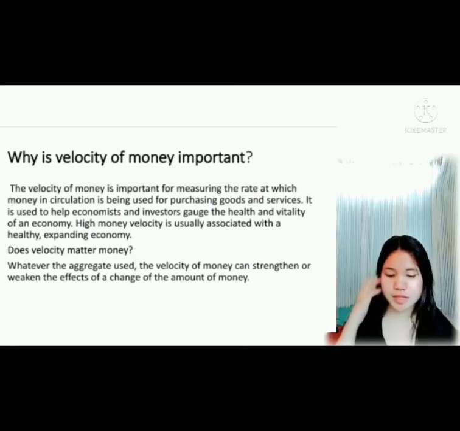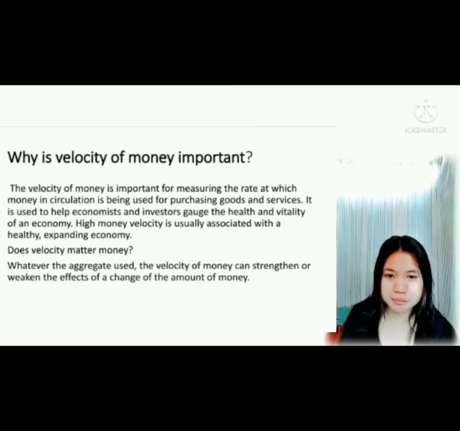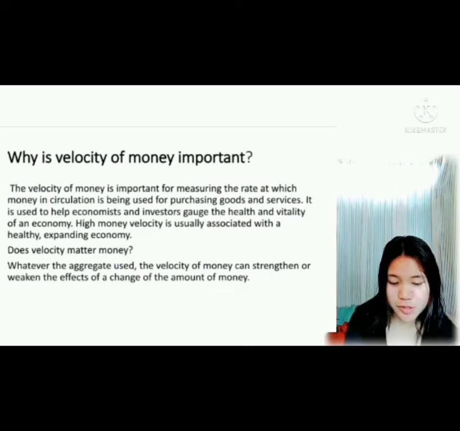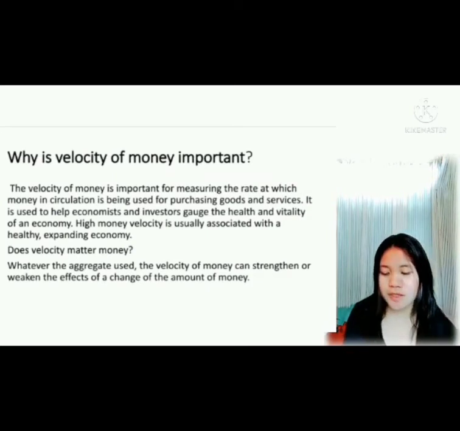High money velocity is usually associated with a healthy, expanding economy. Whatever the aggregate use, the velocity of money can strengthen or weaken the effects of a change in the amount of money.